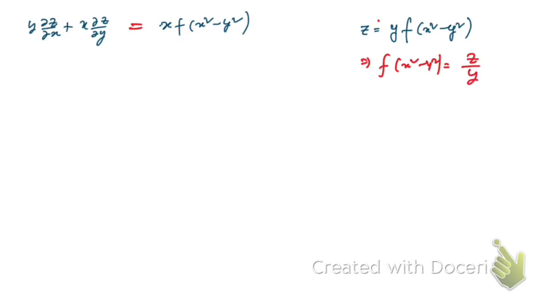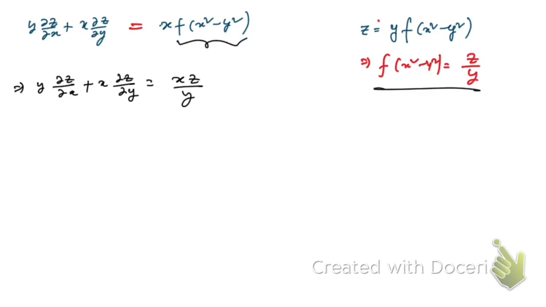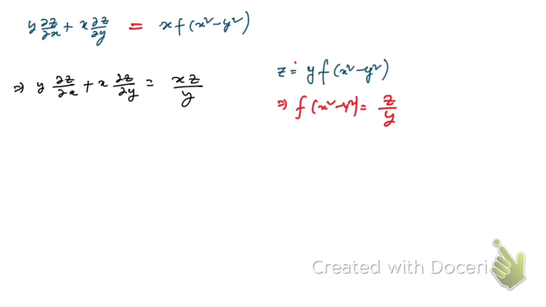If we use this result here, then it's going to be y del z by del x plus x del z by del y, and here we're going to get x into z by y. So this is replaced by this value. So this is what we need to prove, right? So hope you have understood this.